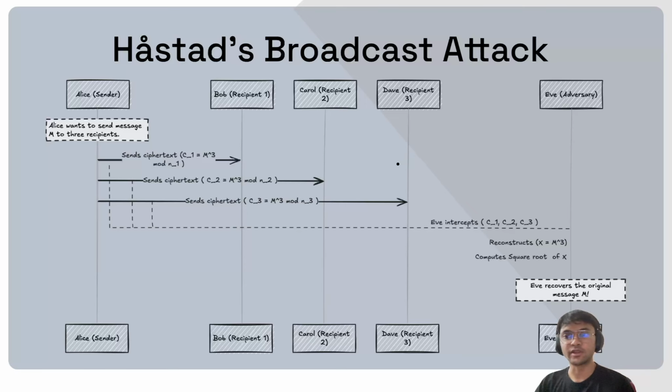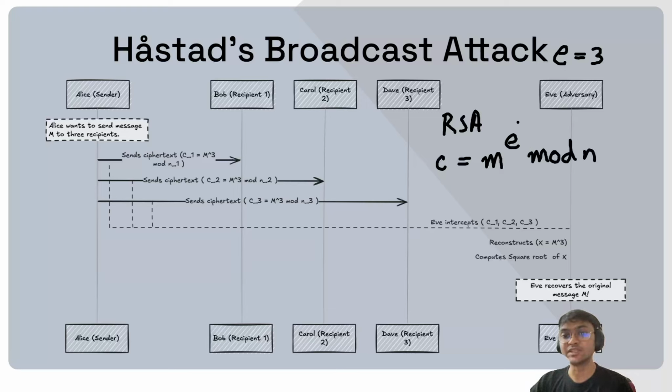Håstad's broadcast attack is a type of low exponent attack, where the exponent e, the public exponent, is usually chosen as 3 or some other low value. For a quick recap, in the RSA cryptosystem, if we want to encrypt a message, we compute C, the ciphertext, as m raised to e mod n.